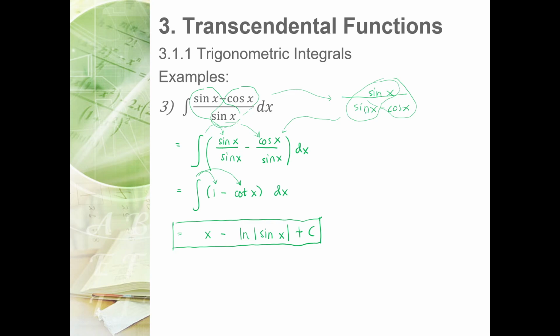But it cannot be split because there's only one term in the numerator. Even though the denominator has two terms, always take note that the numerator is being divided by the denominator. If there is only one term in the numerator, this whole thing will divide sine x. Again, you cannot split it unless you have a couple of terms in the numerator. So just be mindful of those mistakes.